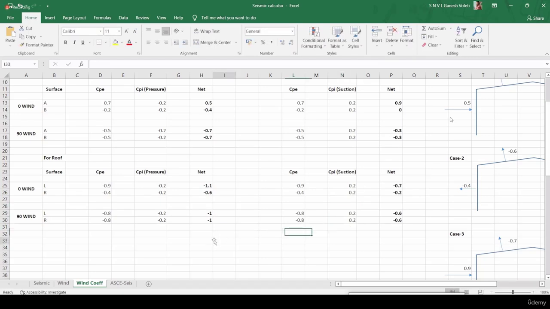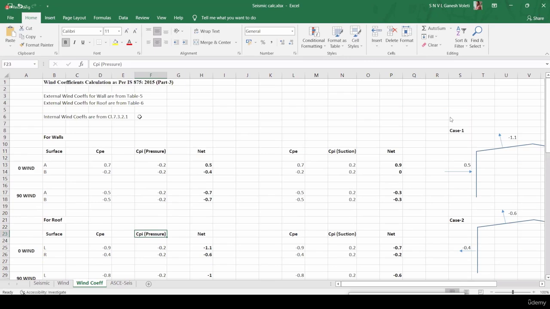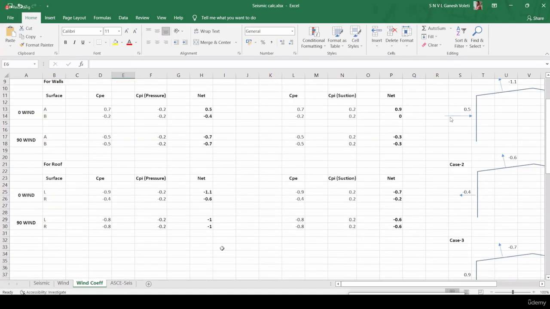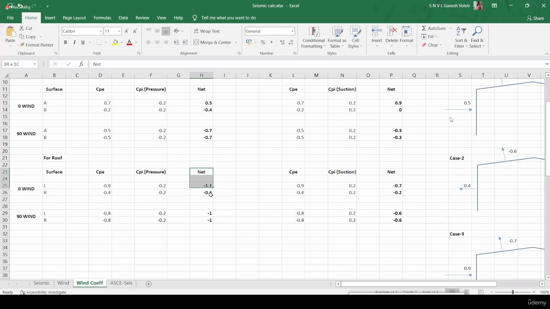Okay, right. The external pressure coefficient we have taken from the table. The internal pressure coefficient we have taken from this class, I have shown you the 7321 class. So we have calculated the net coefficient, nothing but the algebraic sum of both. Minus 0.9 minus 0.2 gives minus 1.1.